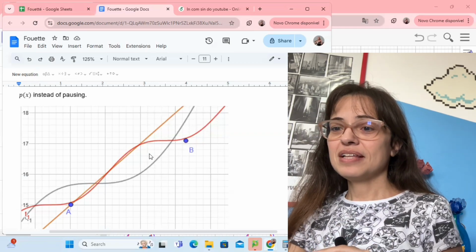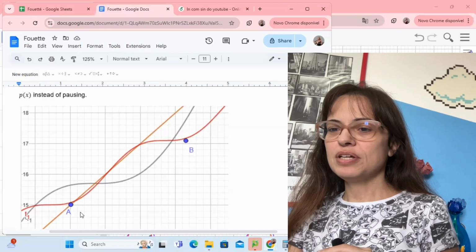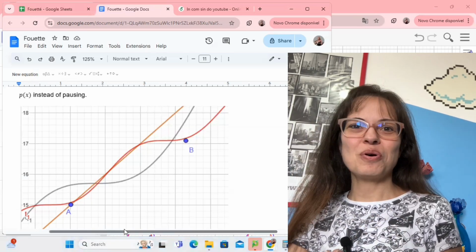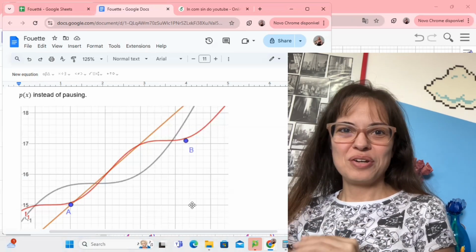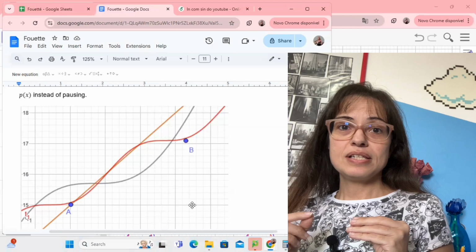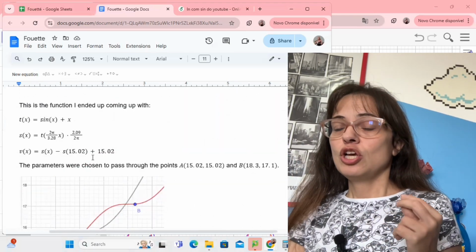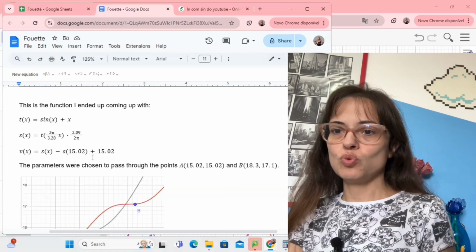Notice that when I did that, the red function is not exactly going through the points A and B anymore. It is a very slight shift because 0.33 is such a small number, and there were ways that you could try to fix that in a different way. Basically, when I had a bunch of steps in building that function, you could have done the horizontal translation sooner.